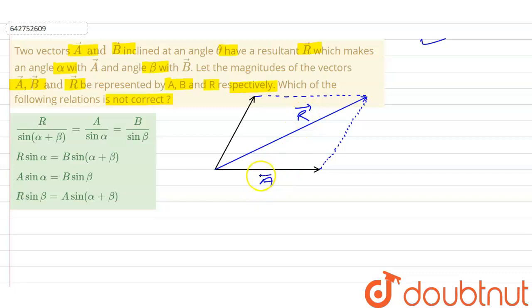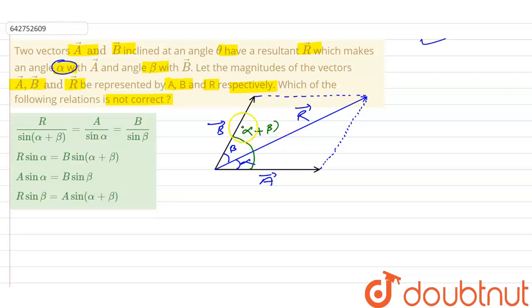Consider that this is vector A, and this is vector B. In the question, the angle alpha will be here, and the angle beta will be here. So the complete angle should be alpha plus beta.